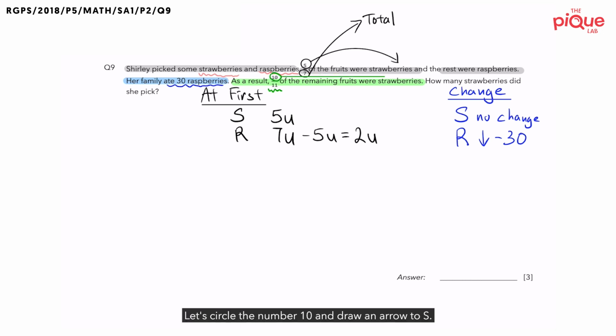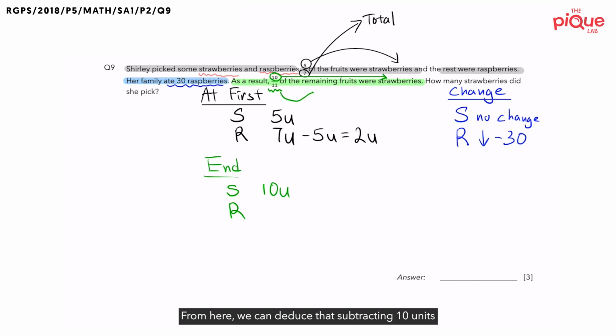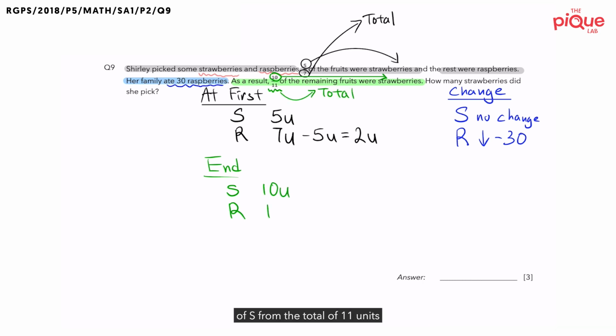Let's circle the number 10 and draw an arrow to S. The denominator 11 represents the total number of fruits at the end. Let's record the information with the label N. From here, we can deduce that subtracting 10 units of S from the total of 11 units will give us 1 unit, which is the total number of R's at the end.